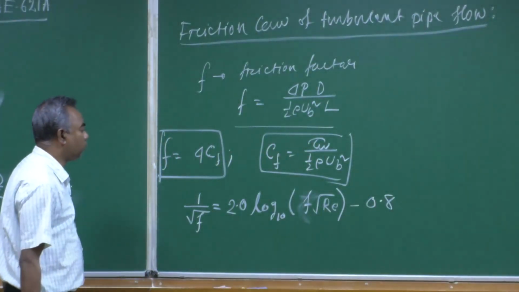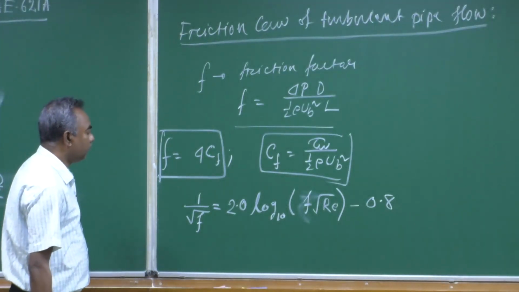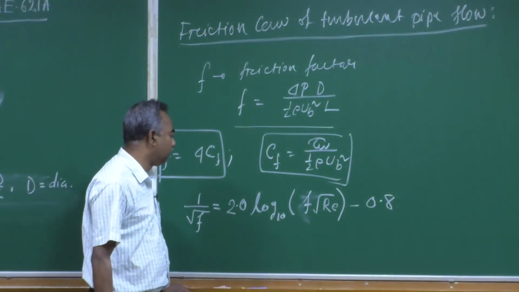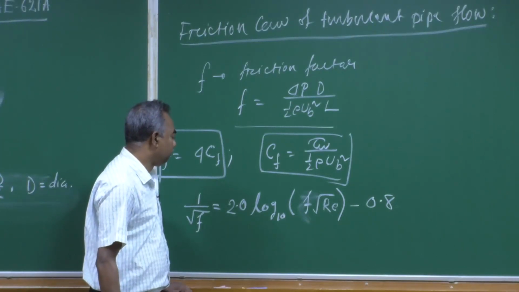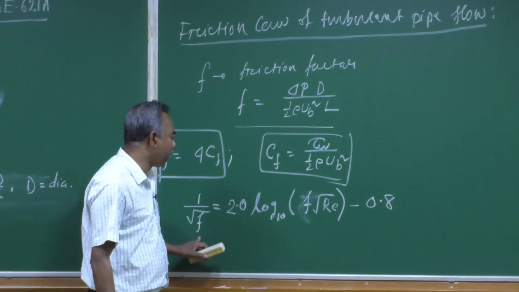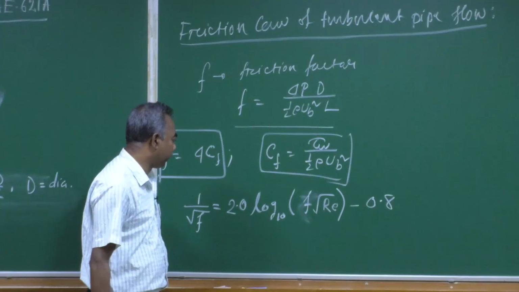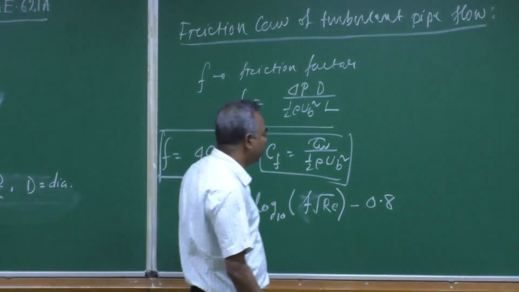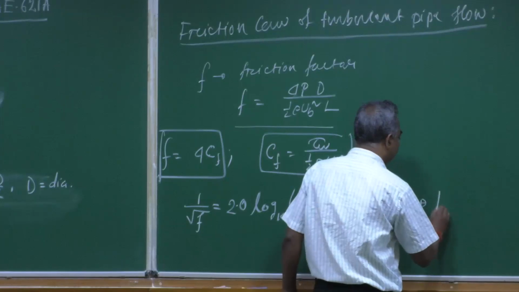So, this is what one can find. From this friction law we can find the F versus Re plot, and this particular relation is known as Prandtl.